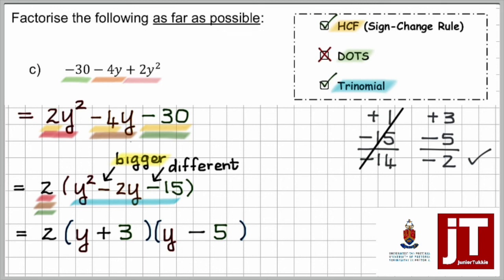And of course, we don't stop here. We go back through that list and ask, do we have any highest common factors? Or any difference of two squares to factorize? Another trinomial perhaps? No, we don't. And therefore, we have factorized this expression as far as possible.